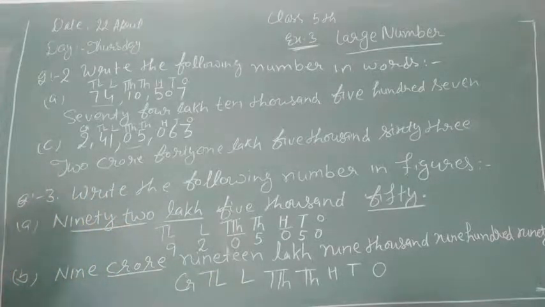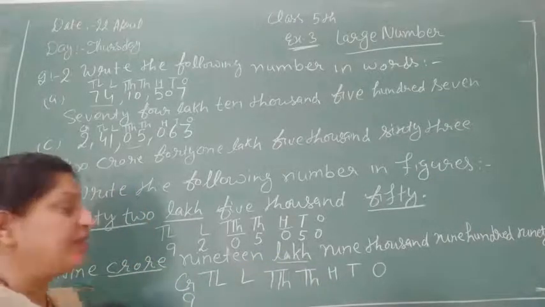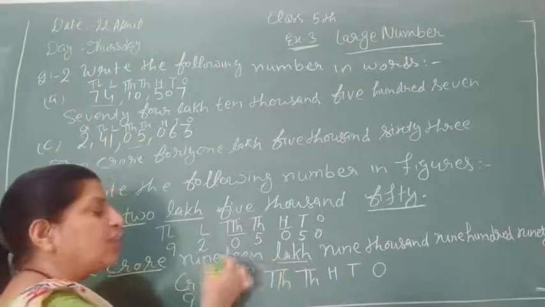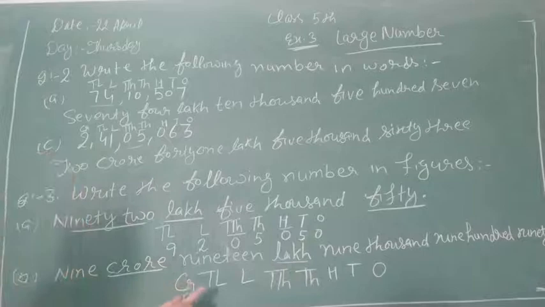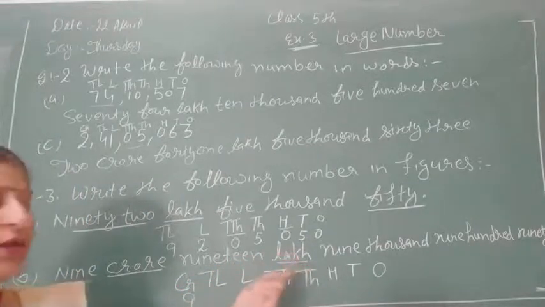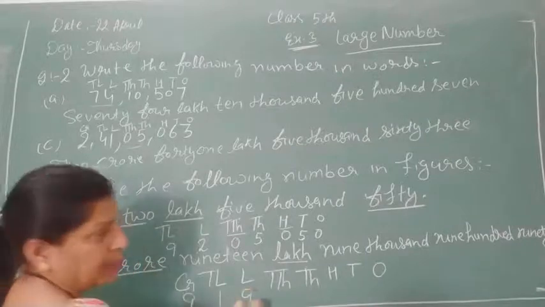And in crore, we have the number 9, a single digit number, so we write here 9 crore. Now the next place is the lakh, and 19 is a two-digit number, so we have to write it under the places of lakh. So we write here 19.